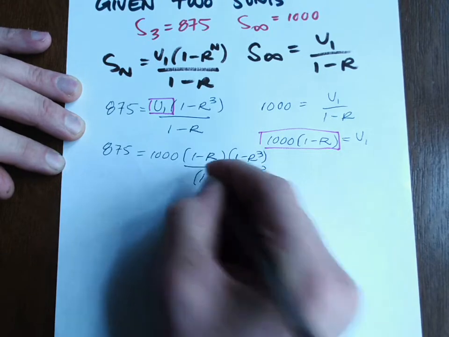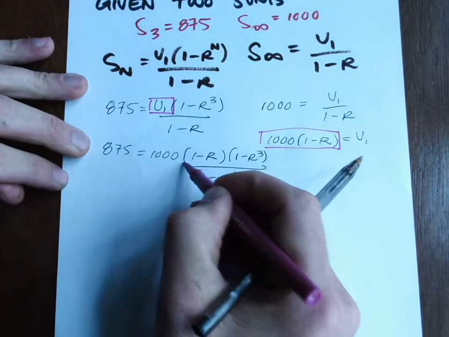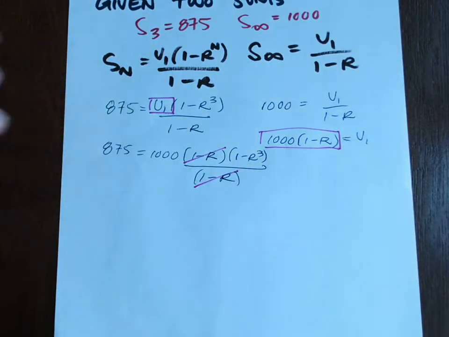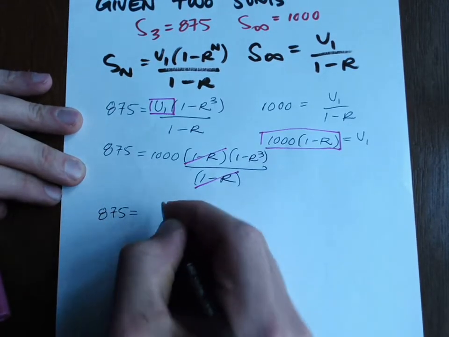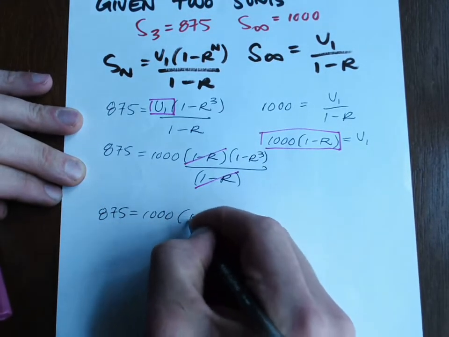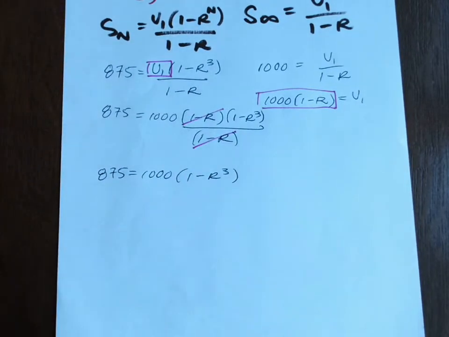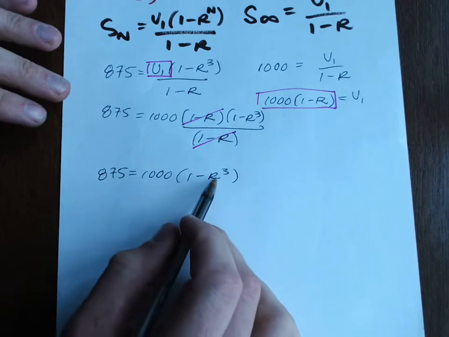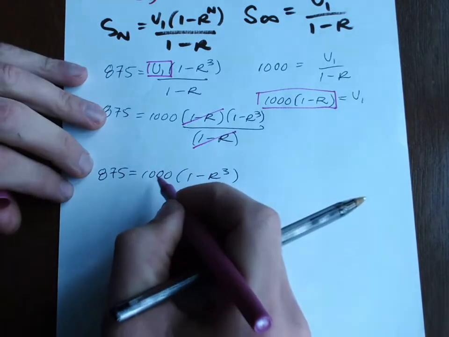And now maybe it's more obvious why I did not distribute that, because an entire factor of 1 minus r is going to cancel out from the problem and leave us with something much easier. What's left over is 875 equals 1,000 times 1 minus r cubed. And solving for r, again, resist the urge to distribute.